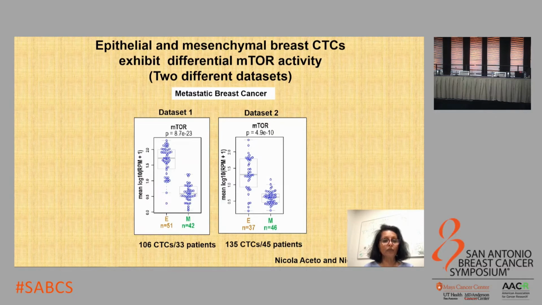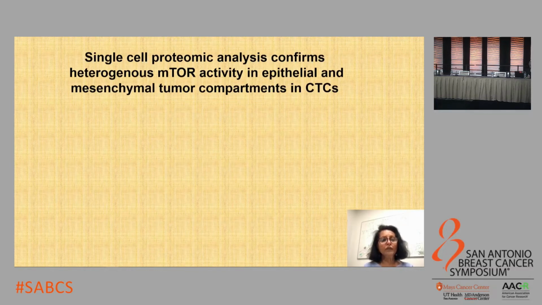We first of all divided these CTCs, or classified them, as epithelial and mesenchymal, and we found that in fact the mTOR activity was much higher in the epithelial CTCs compared to the mesenchymal CTCs. We also confirmed these results using single-cell proteomic analysis of CTCs derived from a mouse tumor model.